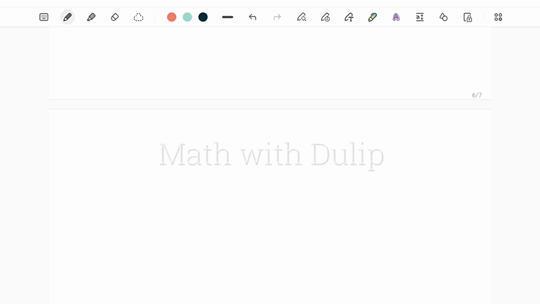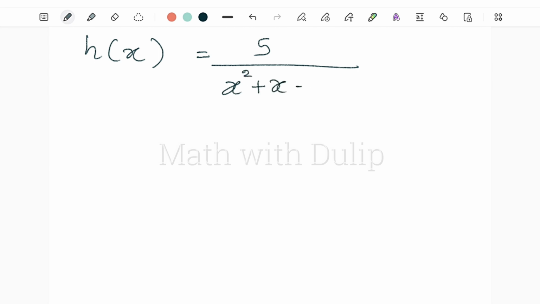Look at this example. h of x equals 5 divided by x squared plus x minus 6. In this example you need to factor the quadratic.